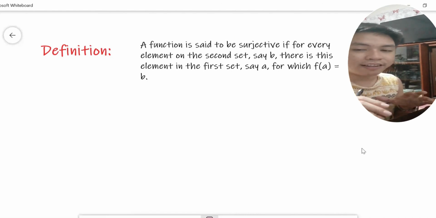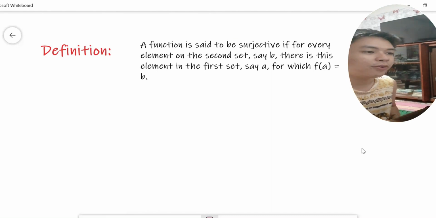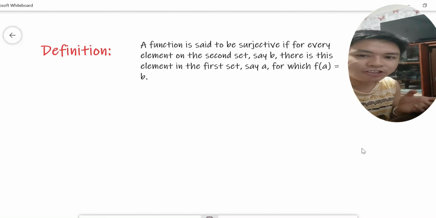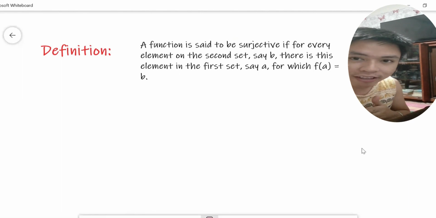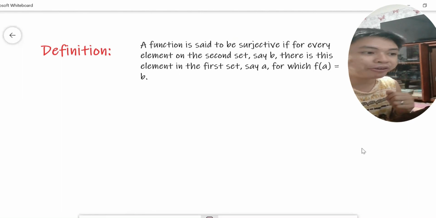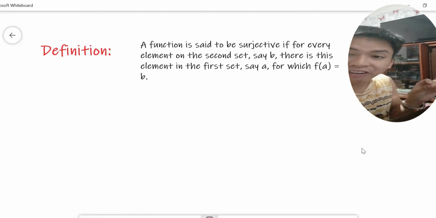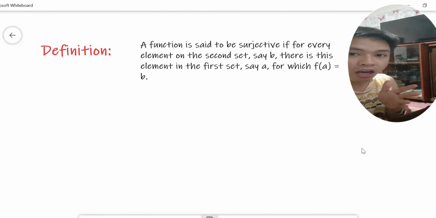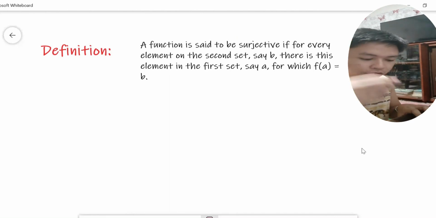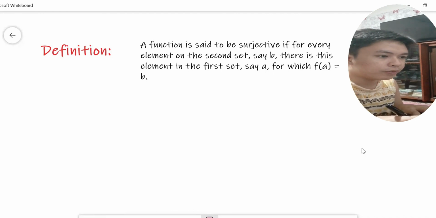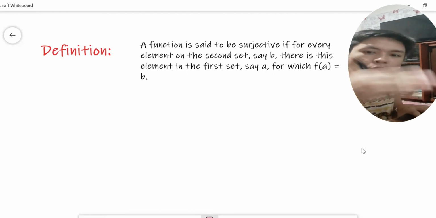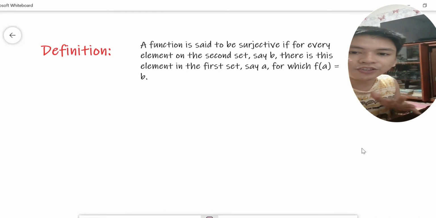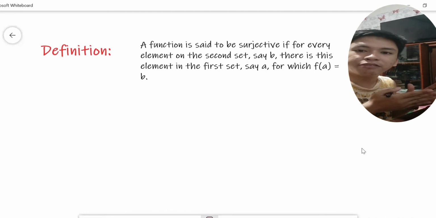So we call that a surjective function. As defined, a function is said to be surjective if for every element in the second set, say B, there is an element in the first set, say A, for which f of A is equal to B. Meaning to say that all the elements in the second set should be paired to elements in the first set.